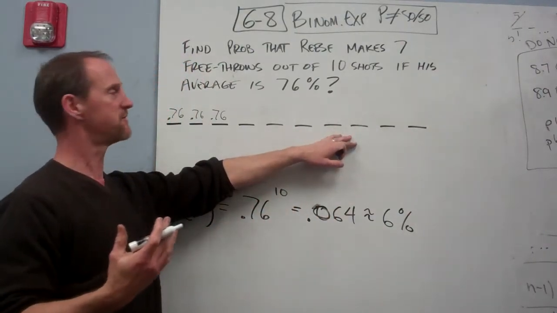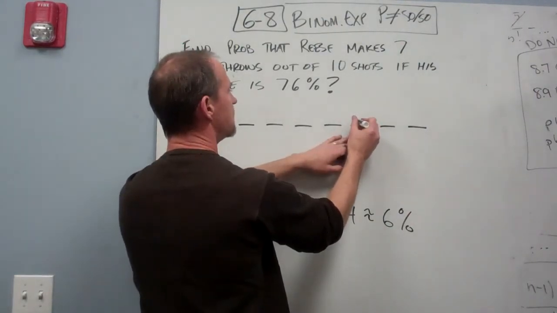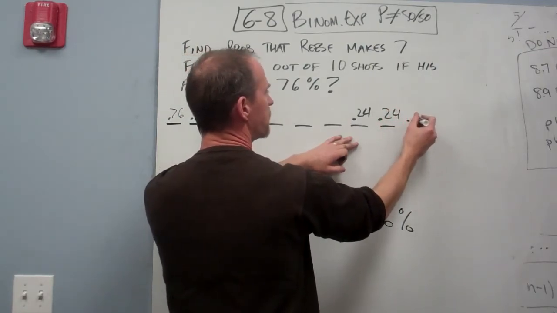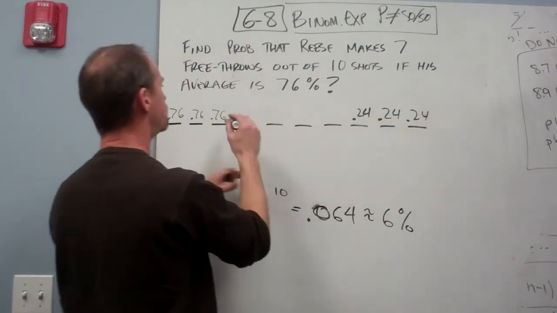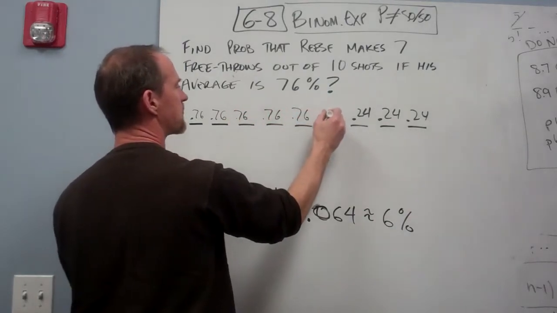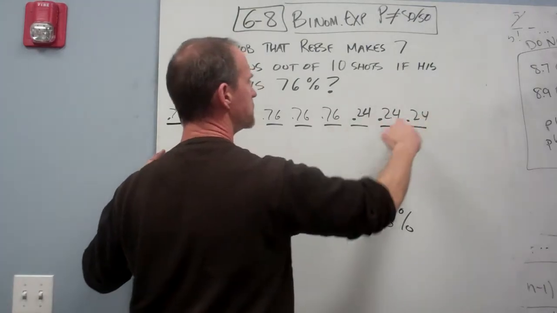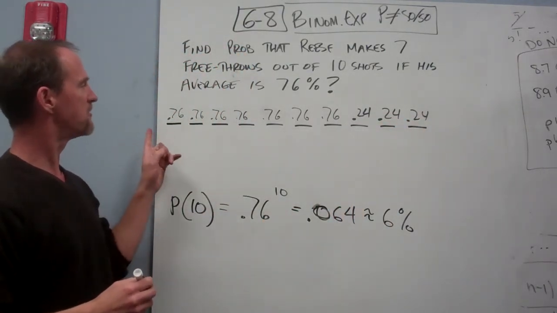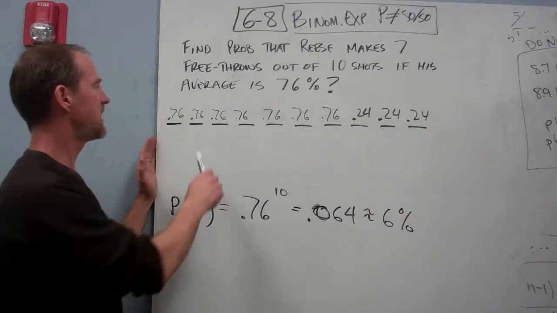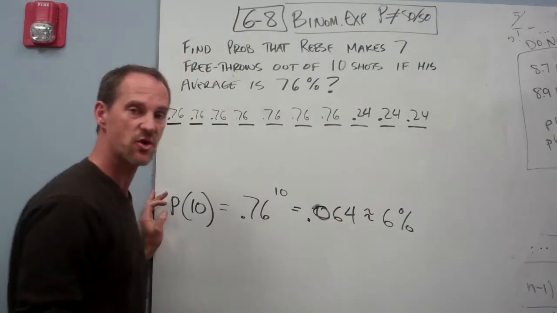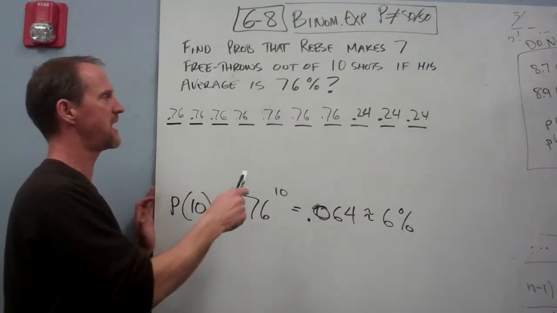And the probability of him missing then is 0.24 and 0.24 and 0.24. So I could have 0.76, 0.76, 0.76 all the way down the line, and then 0.24, 0.24. And that would give me the probability, but it would be the probability only of him making the first 7 and then missing the next 3. It's only one way that this can happen.